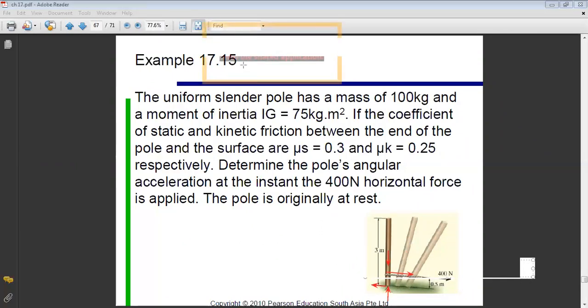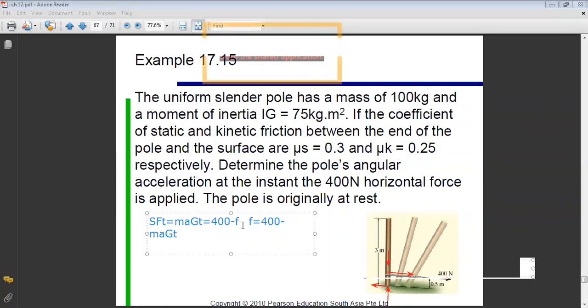So now I can write that sum of T equals MAG tangential. Along UT, I only have what? No, I have two forces: 400 minus F. I already calculated AG tangential, so I deduce the value of F. So F is equal to 400 minus MAG tangential.